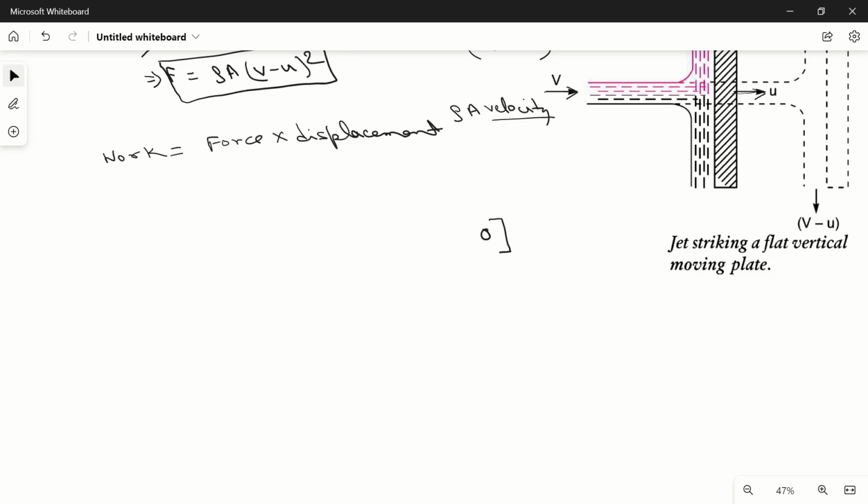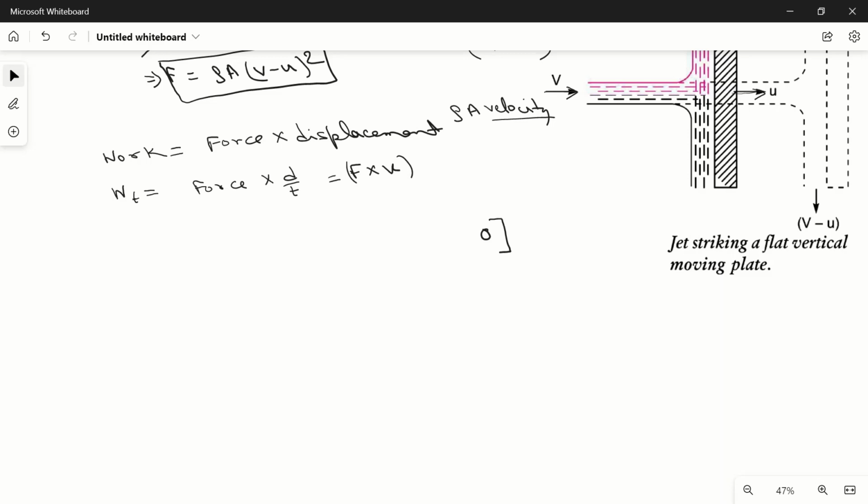Now we have to find the rate of work done. So work per unit time is equal to force into displacement upon time, which is velocity, so it will be F into V.